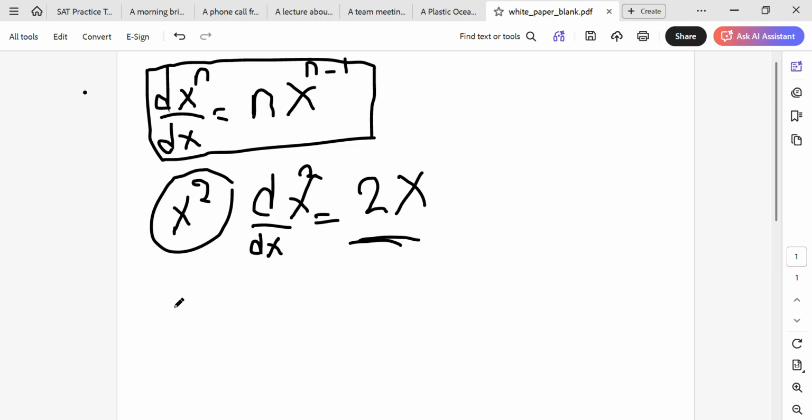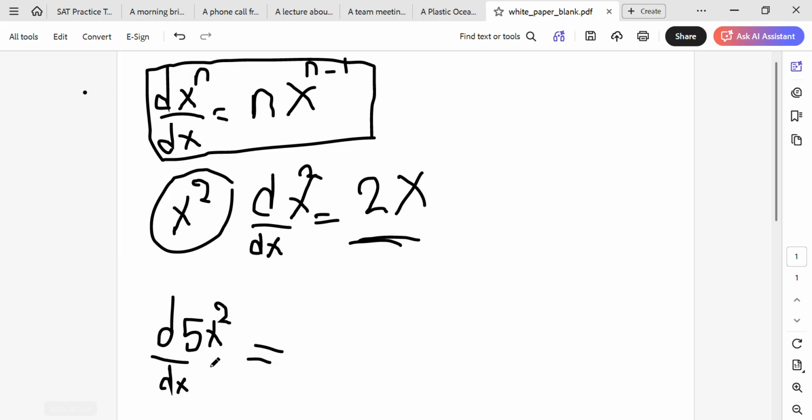Okay, how about if they ask for the derivative of, let's say, 5x squared. You see, this time we already have a whole number here, so we're going to solve it step by step. Based on the rule, the derivative should be n x raised to the power n minus 1.